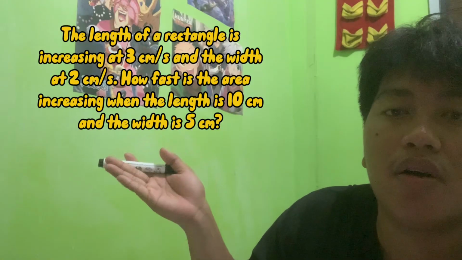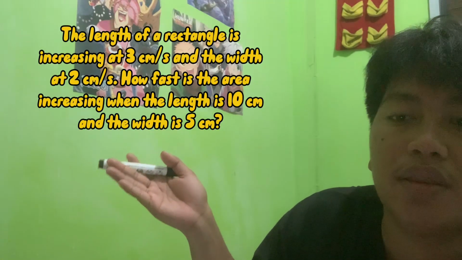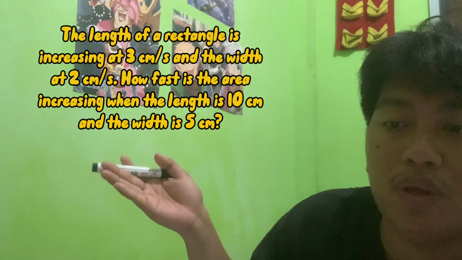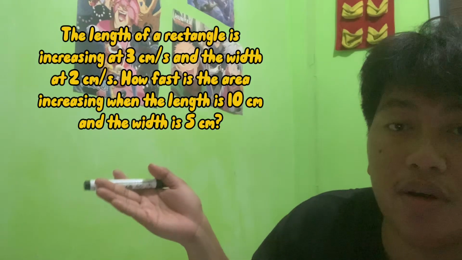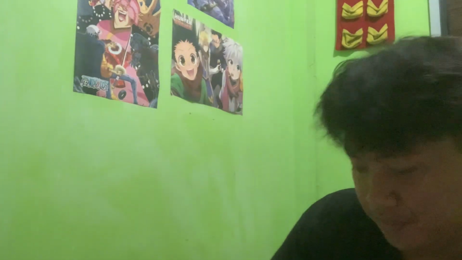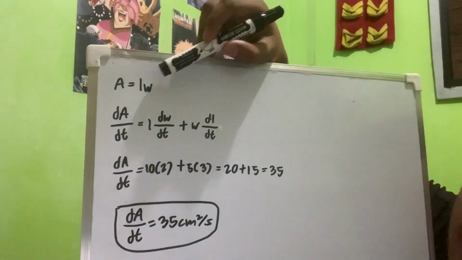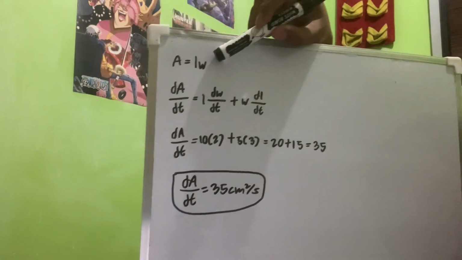So the 20th problem: rectangle's length 3 cm per second, width 2 cm per second. So the area equals L times W.